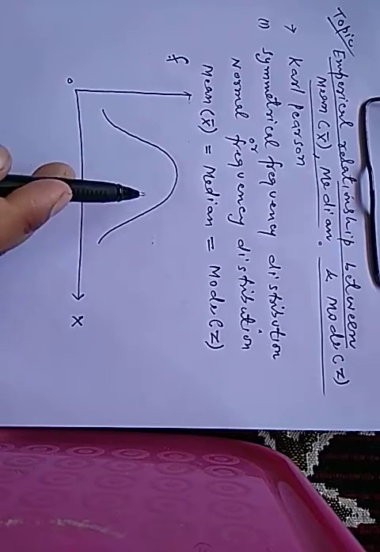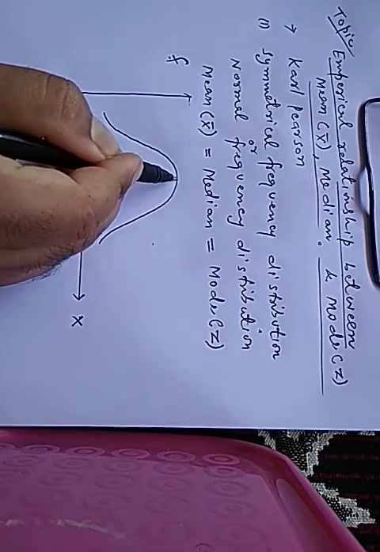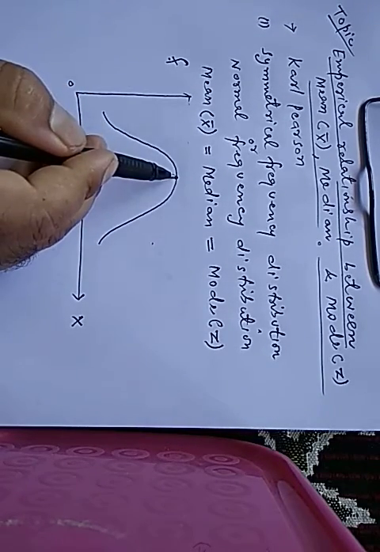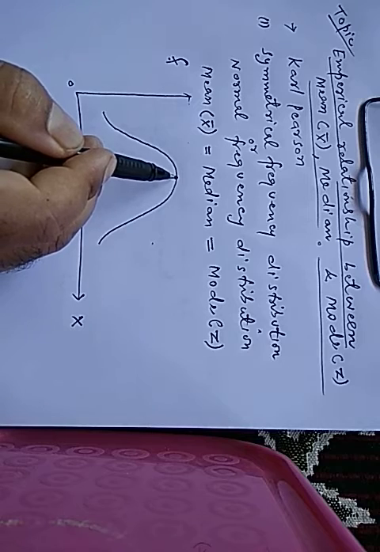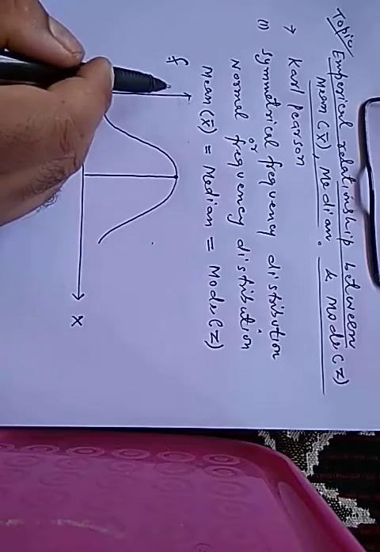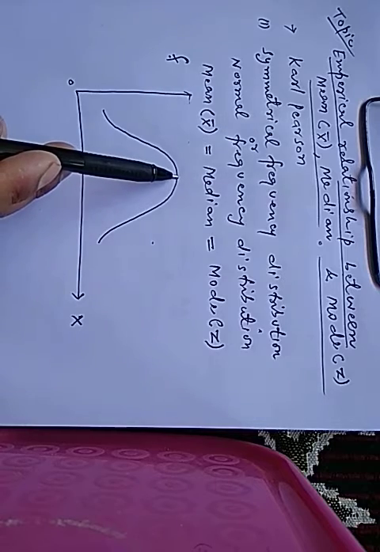This is the frequency curve, bell shaped frequency curve, and this is the highest point of the frequency curve, showing the highest frequency of the given variable, because the vertical axis shows the value of frequency.